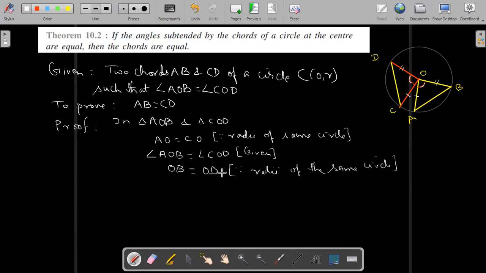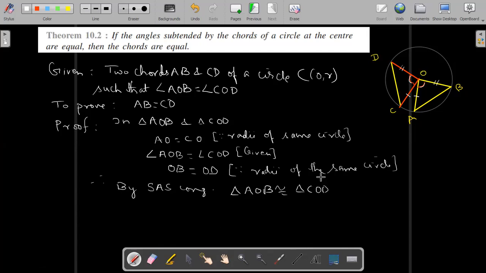So by SAS congruency, triangle AOB is congruent to triangle COD.